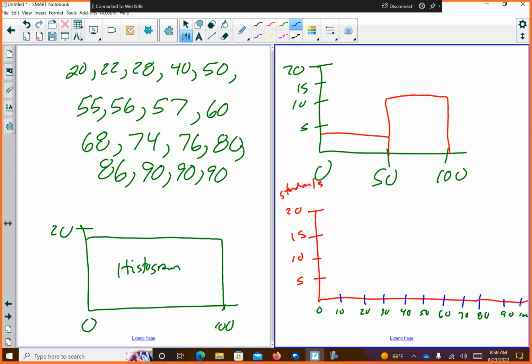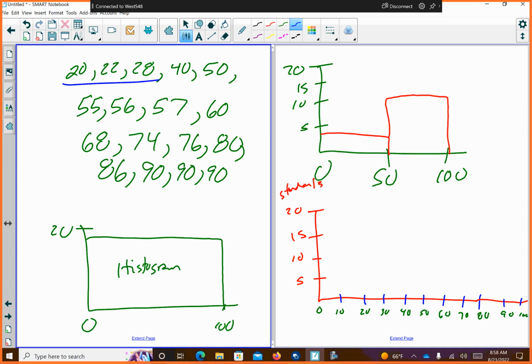Okay, so from 0 to 10, there's none. From 10 to 20, there's none. But 20 to 28, there's going to be 3 people. And then 40, there's 1 person. So from 0 to 40. And then 51, 2, 3, 4.